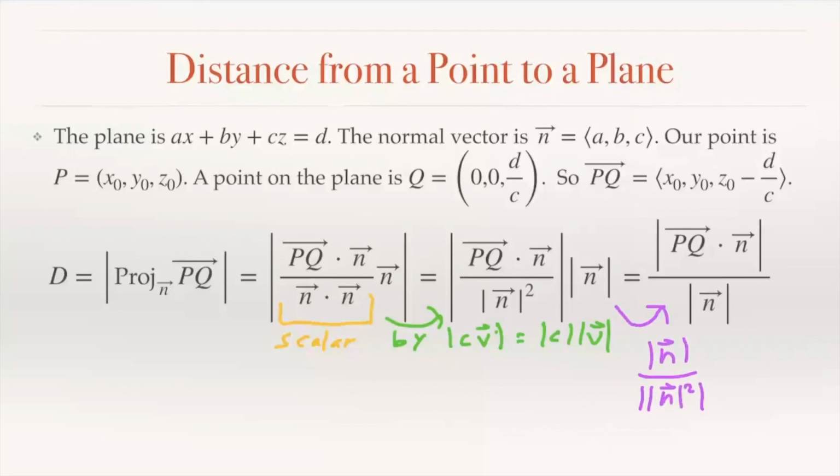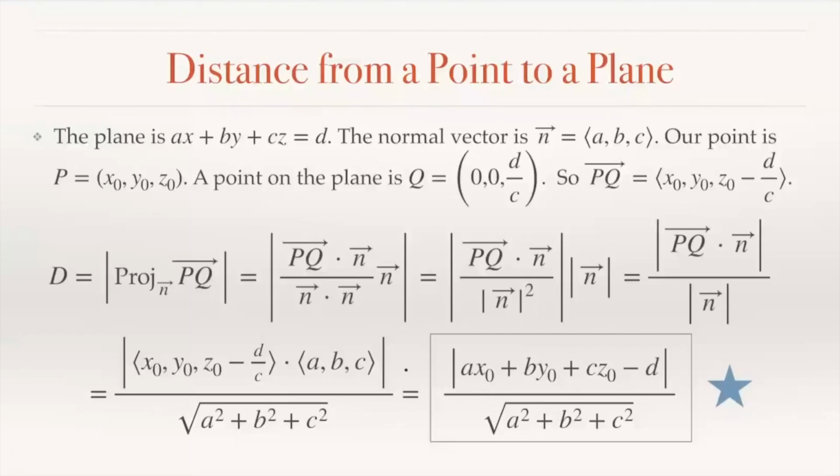Well, the absolute value of the absolute value is just the absolute value. So we have n over the magnitude of n squared, and that is just 1 over the magnitude of n. So in other words, that and that cancel out effectively, and we're left with just the magnitude of PQ dot n over the magnitude of n.